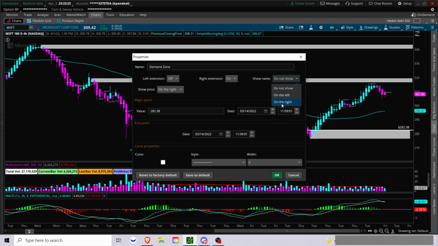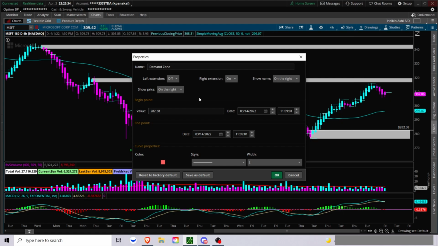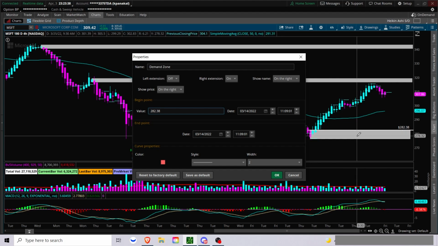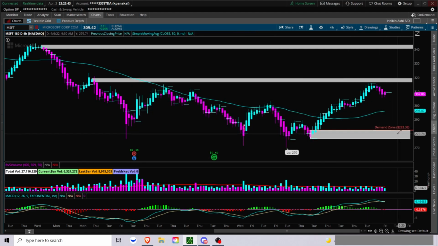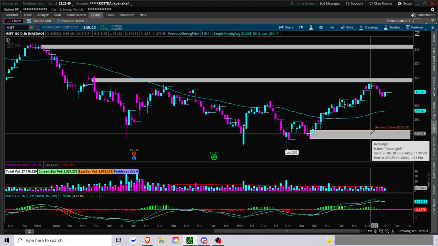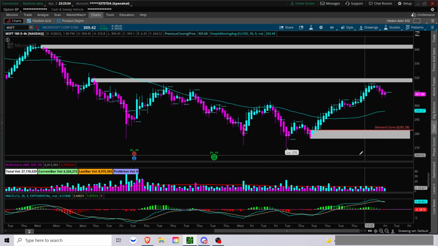So for the first demand zone, it's going to be between 282.38 to 276.29, right? So did I actually get this on point? Oh wow, look at that. 282.38, sweet. Okay, so demand zone's at 282.38. Hold on, wait, let me just see one quick thing. Just want to make sure.